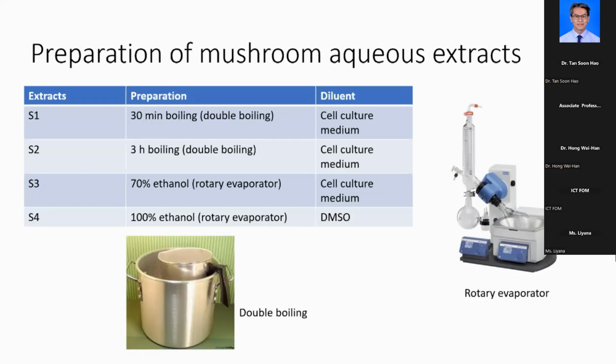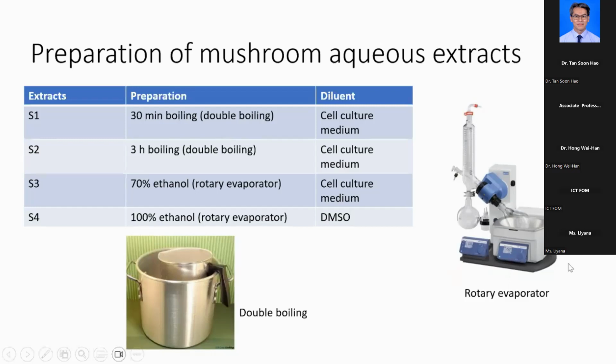In order to get the extract, we use three different preparation methods. We use double boiling, and we have also tried different boiling times. S1 is 30 minutes of boiling, and S2 is 3 hours of boiling. Some of the mushrooms we also immerse or submerge in alcohol of different percentages to extract them, to see whether those extracts have any good antiviral activity or not.